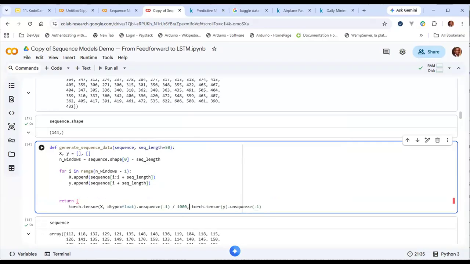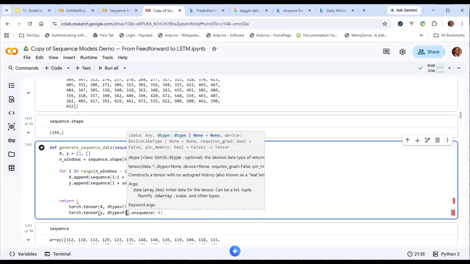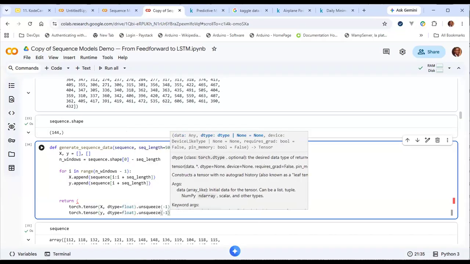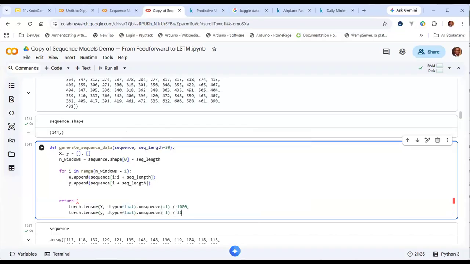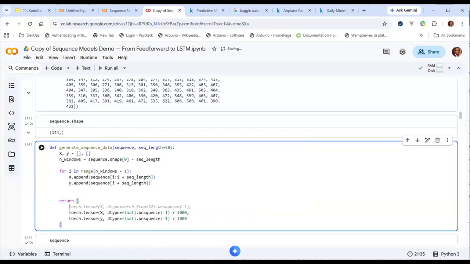So we just normalize at the same time. Y's are also in the same range, so we'll also make it float, unsqueeze, then divide by 1,000. Okay. I can put a comment here to say divide by 1,000 to normalize the values.